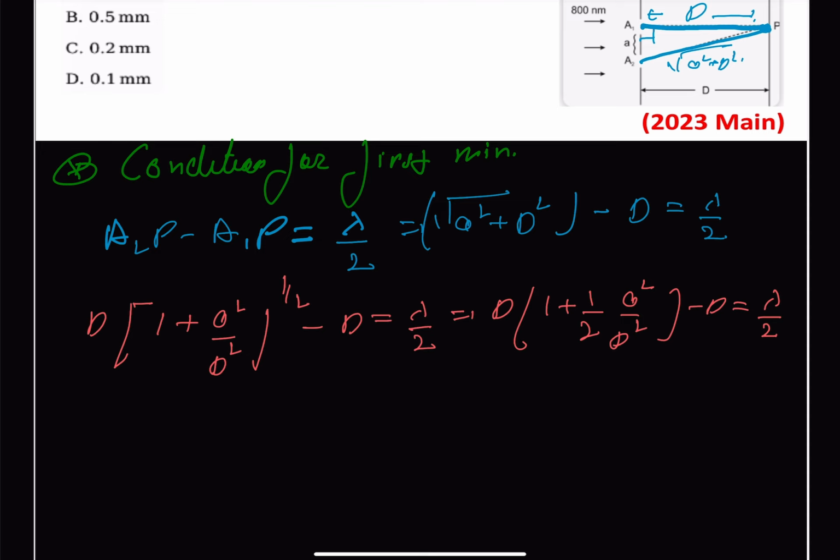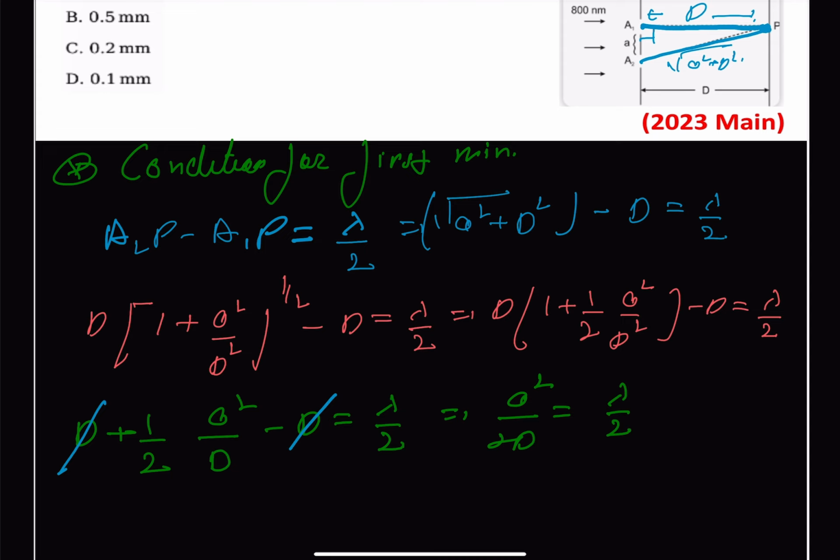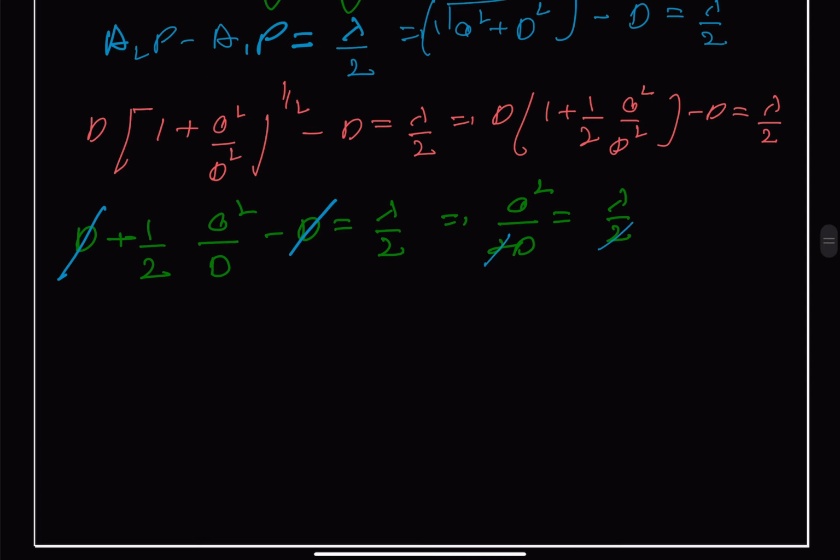And if we open the bracket, we get this as D plus 1 by 2 a square upon D minus D is equal to lambda by 2, and this D and D cancels out, so we get here that a square by 2D is equal to lambda by 2, and 2 and 2 also go away, so we are left with that a will be equal to square root of lambda times capital D.